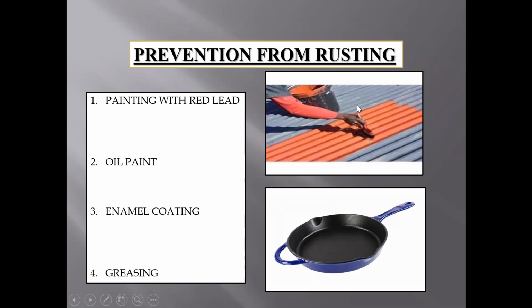Now when you are painting the iron substances, whatever it is, with red lead or oil painting or whatever, the contact of the substance with the external oxygen in the atmosphere gets cut off. Whenever this gets cut off, there will be no rust formation. Why?